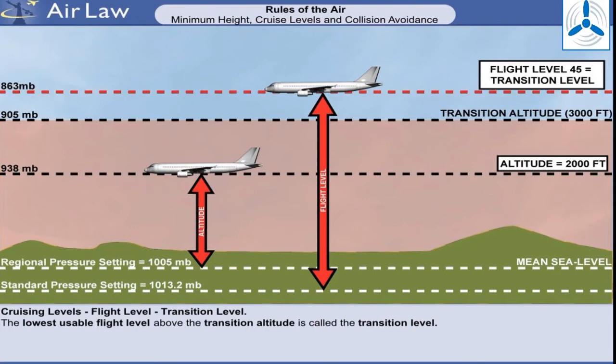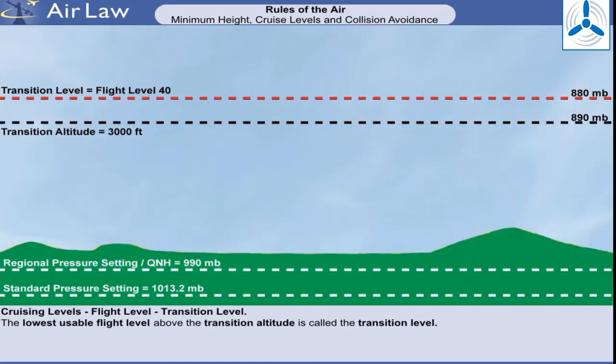You should note that while a transition altitude is set by a national aviation authority, transition levels are not fixed, but change with changing atmospheric pressure. So, on a given day, the transition level might be flight level 45, for instance, as shown here, or, as in this example, flight level 40.